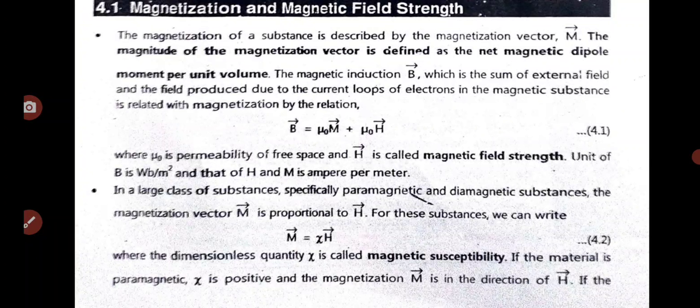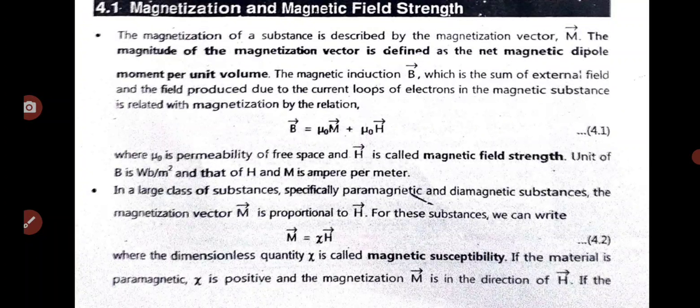H bar is called the magnetic field strength. The unit of magnetic induction is Weber per meter square, and H, the magnetic field strength, and M, the magnetization, have the unit ampere per meter.